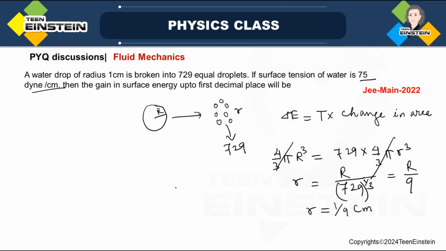Now I have to find out what is the gain in area. The final area is 729 into 4 pi small r square, and initially the area was 4 pi capital R square, where capital R is 1 centimeter.